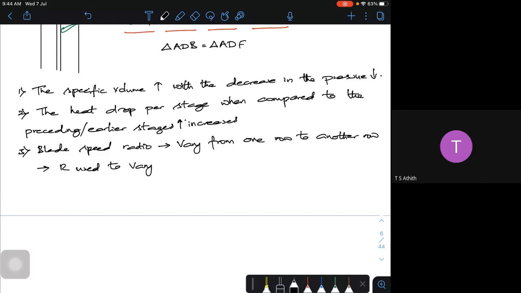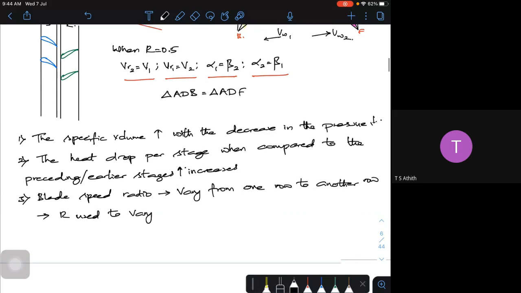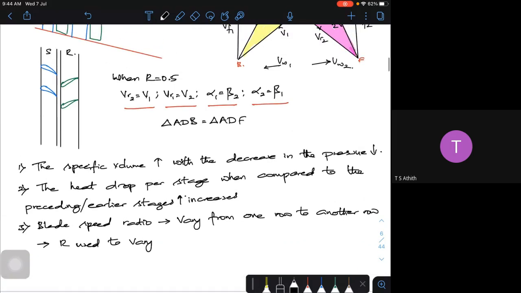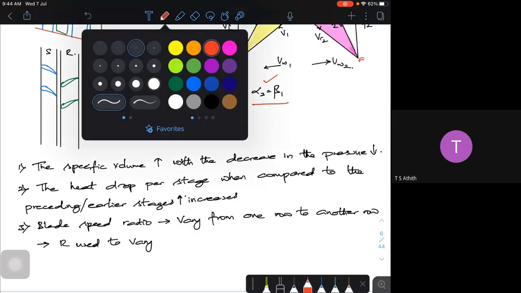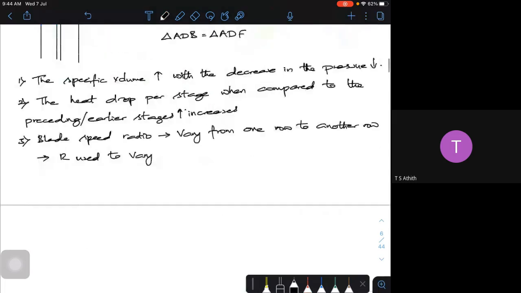The moving blade, see, to be very precise, when I try to look at these quantities, I can write the moving and the fixed blades are having same blade cross sections or same blade sections.